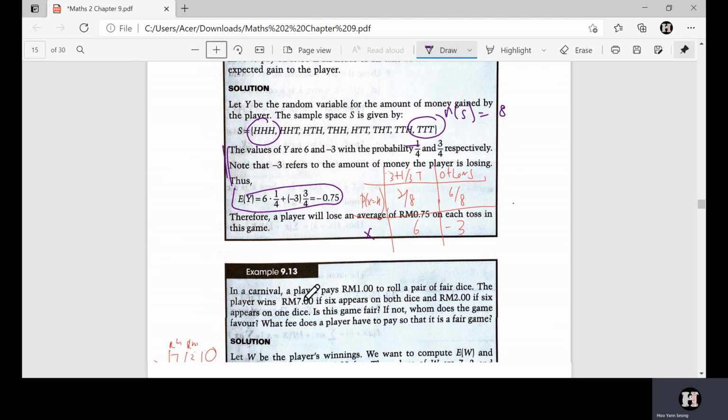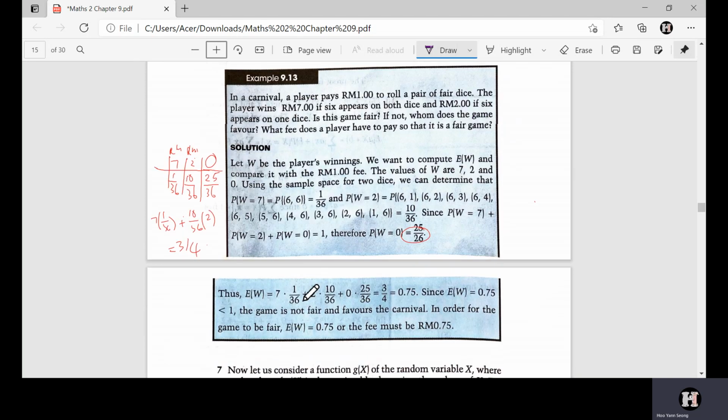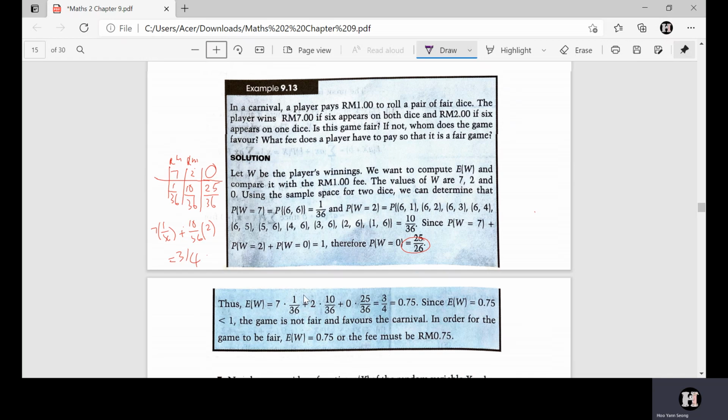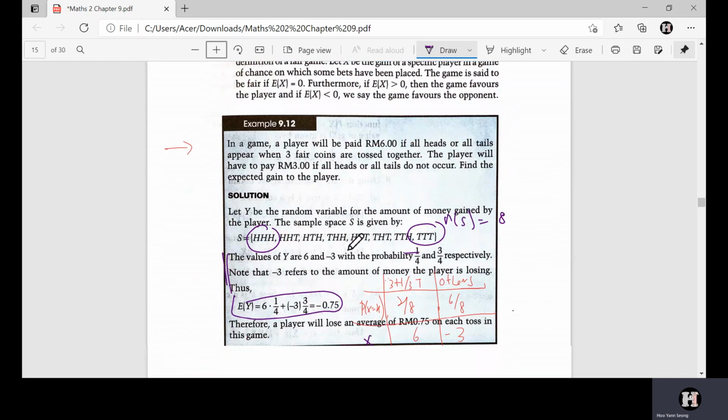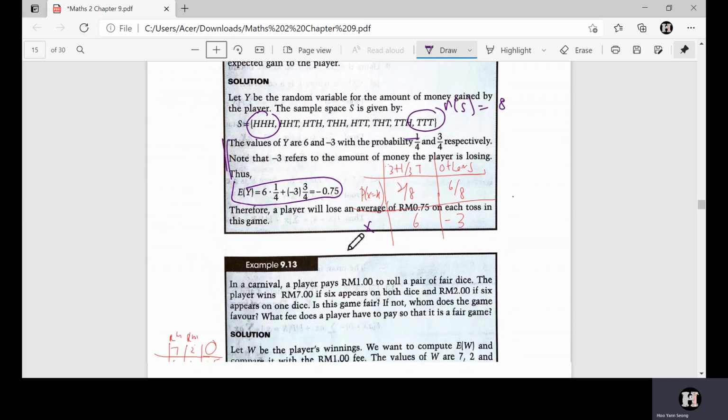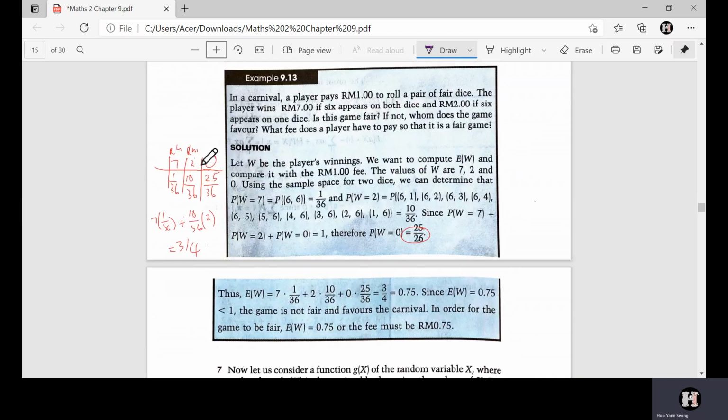I know that this is a bit confusing, because after this example, they have this example, and why do they make losing negative 1?